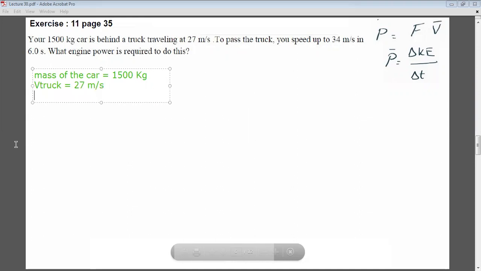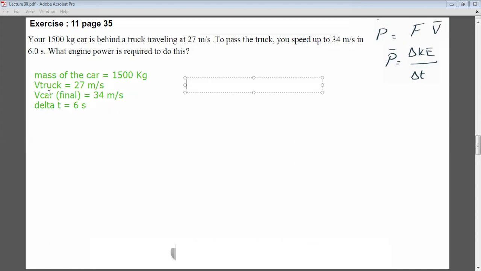To pass the truck, you speed up to 34 meters per second. So V car final is equal to 34 meters per second, and delta T equal 6 seconds. What engine power is required to do this?